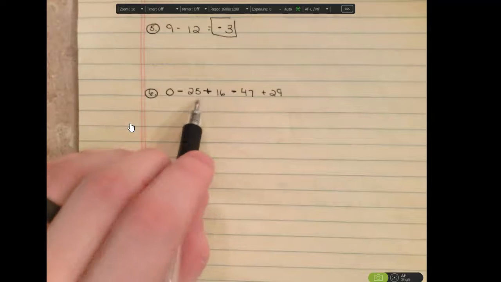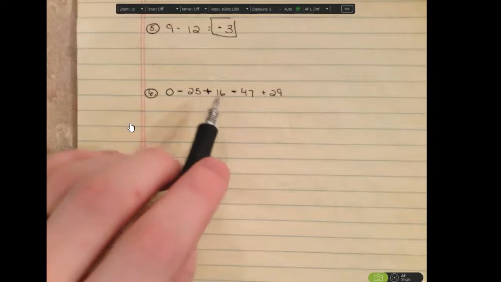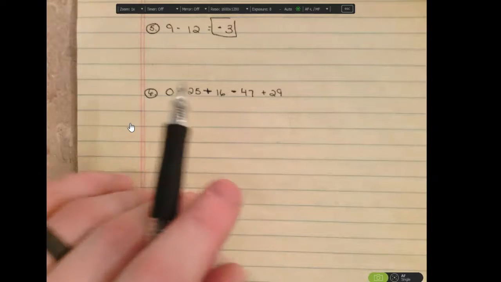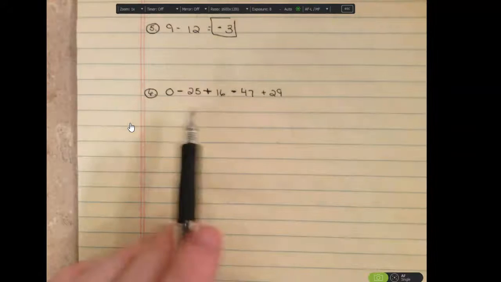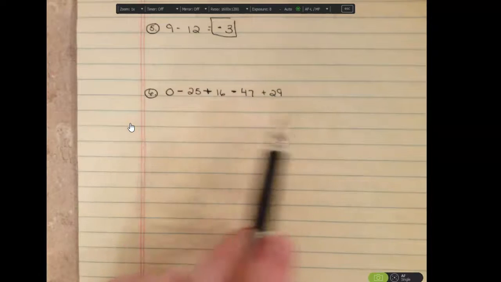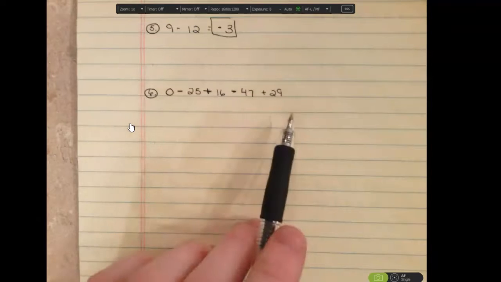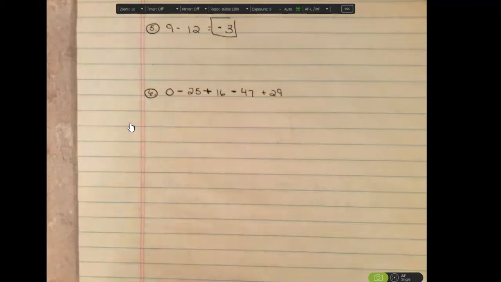Let's say, for example, this 25 plus 16. Well, maybe you really like addition, so you want to do all your addition first. You can't do that, and that's because of the order of operations. You have to work this from left to right in order that it is, because with addition and subtraction, we do all those kind of as the same step in the order of operations.